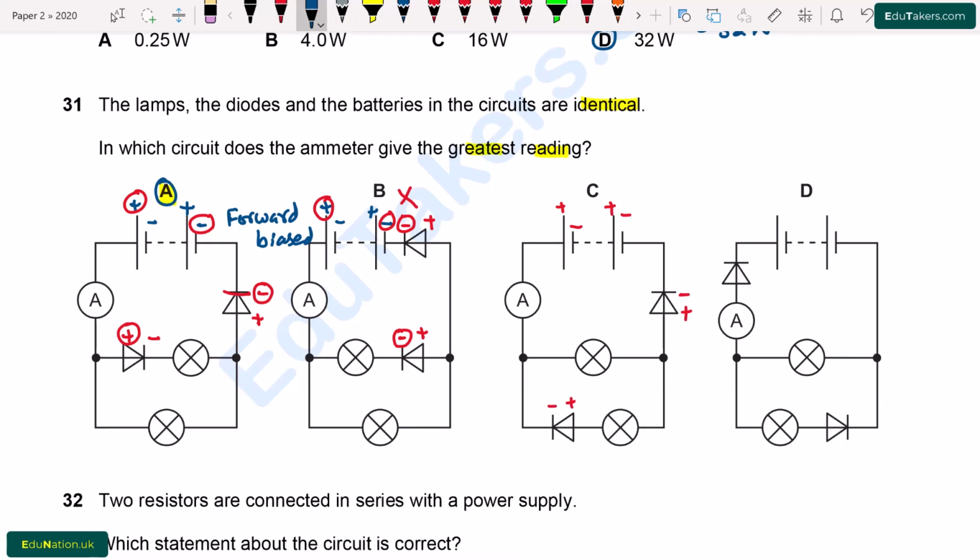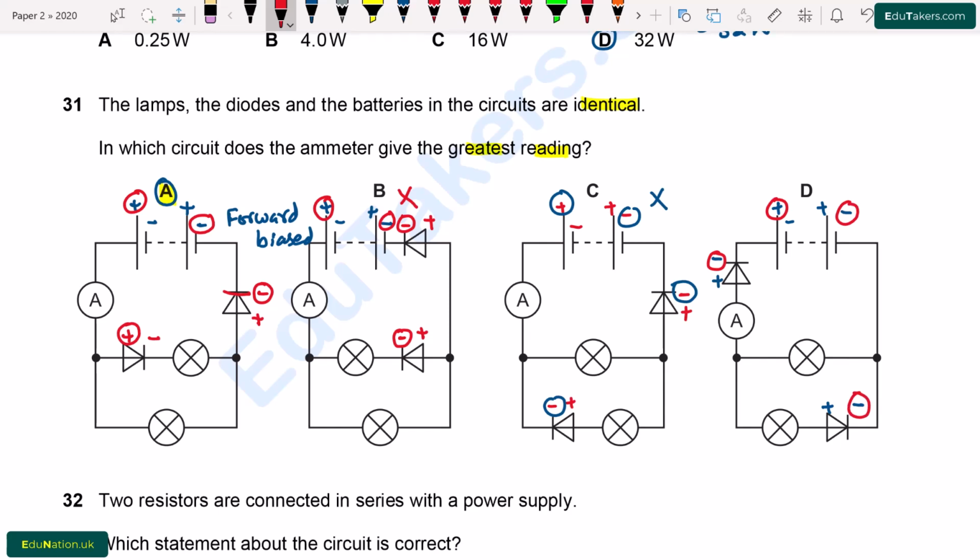We see here that negative is attached with the negative and this positive is attached with the negative, due to which there is also reverse biasing and current will be lesser in this case. Option D. So here we can see positive is attached with the negative and this negative is attached with the negative.